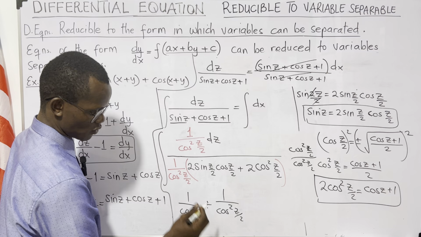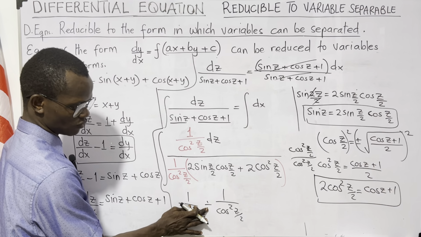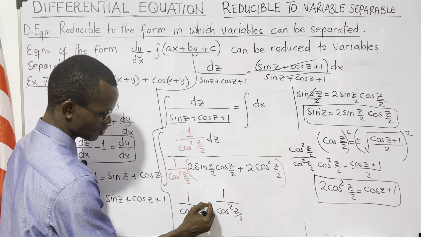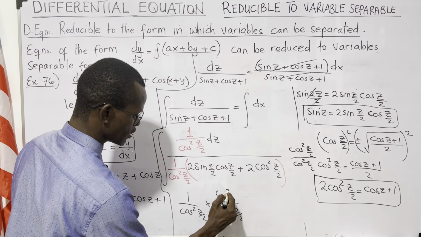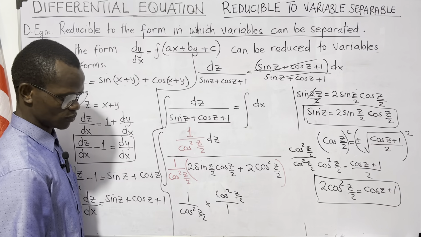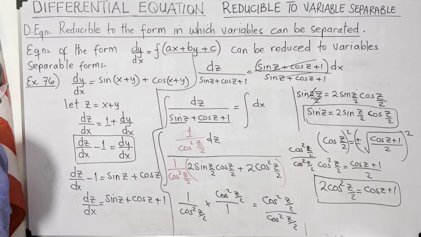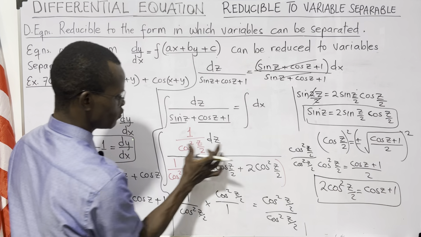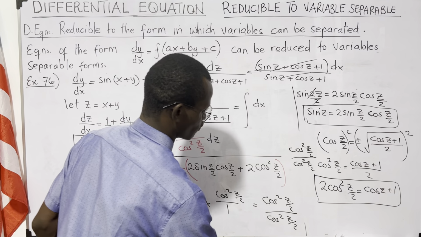Division rule says rewrite the first fraction, reciprocate the second fraction, and change the sign to multiplication. So cos square z over 2 will come in the numerator, and down here will just be 1. So if we multiply now, we will have cos square z over 2 all over cos square z over 2, right? So this can also be written in this form. So we rationalize cos square z over 2.